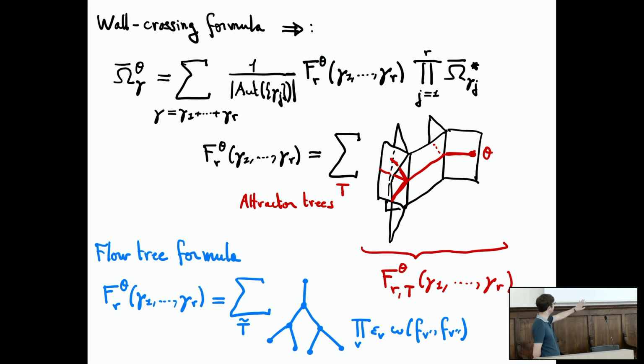They are not embedded into a vector space in the way I phrased the formula. They're just a sum over a combinatorial type of binary trees. And each binary tree has a very simple contribution. You take the product over the vertices of this binary tree, and there is a very simple contribution determined by the skew symmetric form omega. And there is a slightly more tricky coefficient epsilon, which is either 0, 1, or -1, which can be recursively calculated by following a flow on this binary tree.